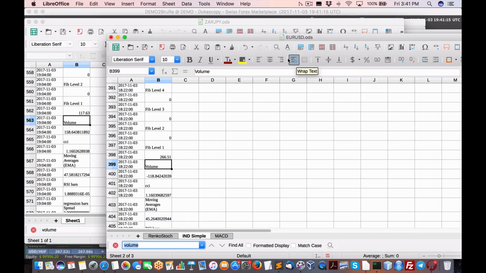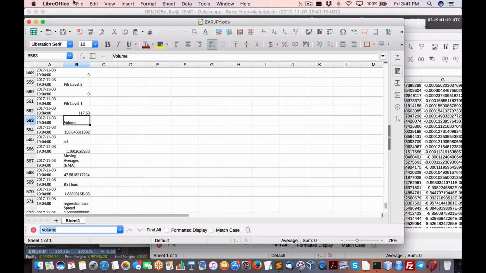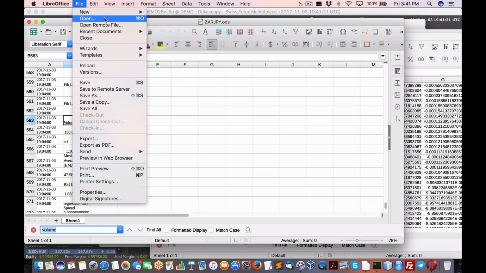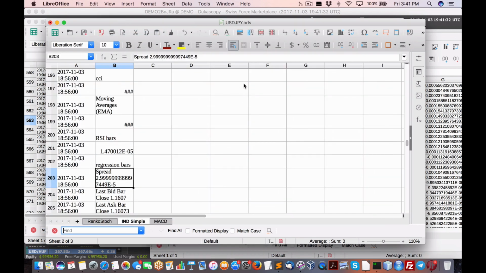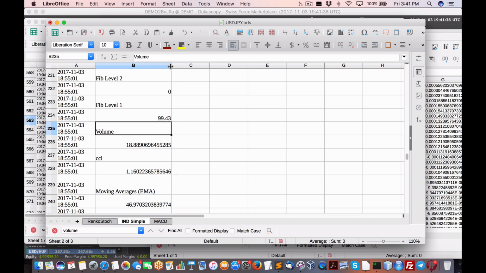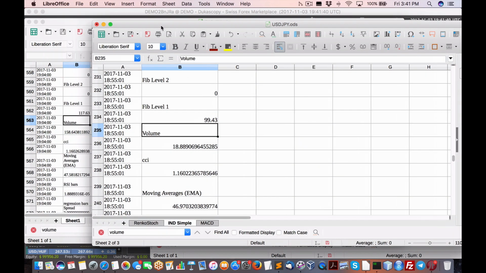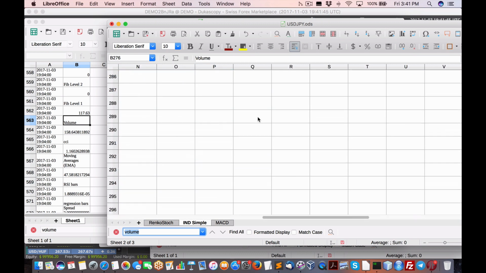Okay, so let's do a comparison of the US dollar and the yen. So we want the US dollar and the Japanese yen. Okay, so let's do the same thing here. So looks like the volume's quite low on this currency pair.